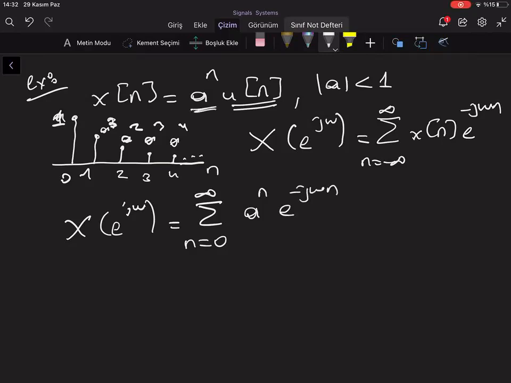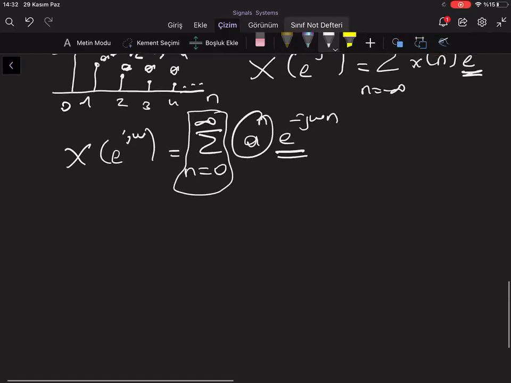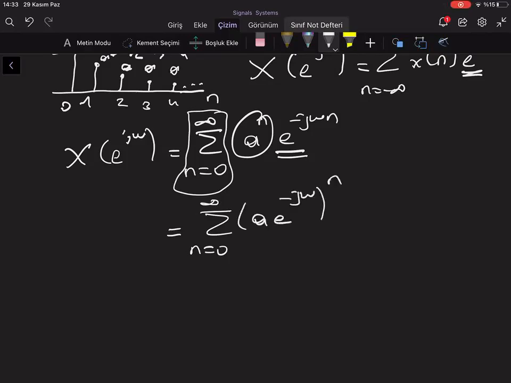Okay, this a will come here, and then this e to the power minus j omega will come here, and this u of n will be shown in the boundaries of my summation. So how should I proceed? I should proceed as such. Then I'm going to write n from 0 to infinity of a e to the power minus j omega, and common n.